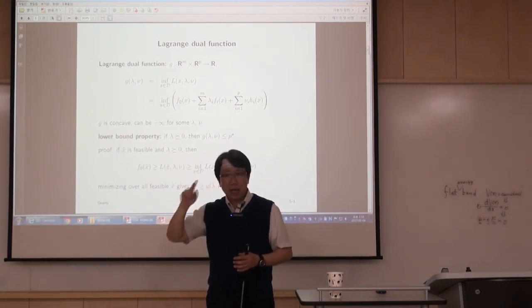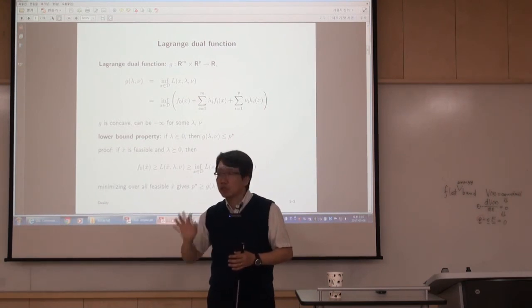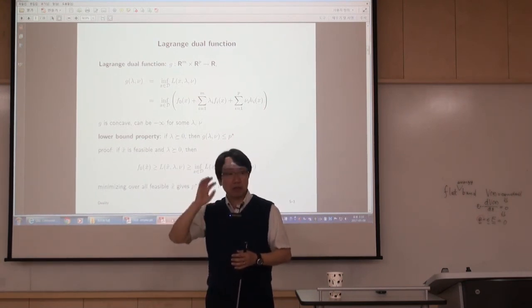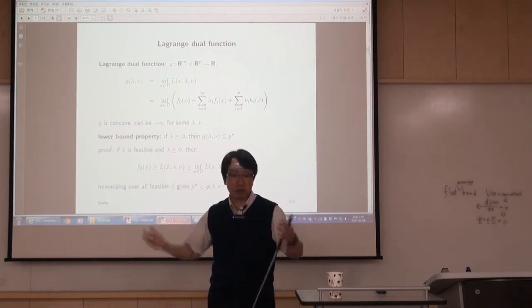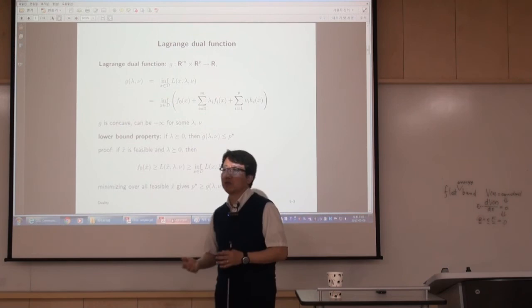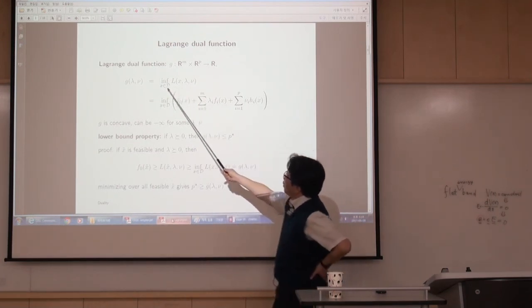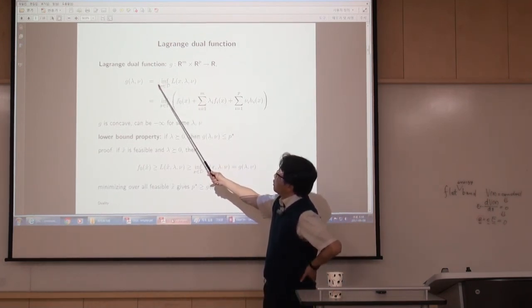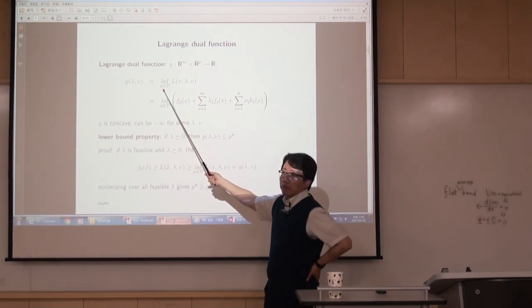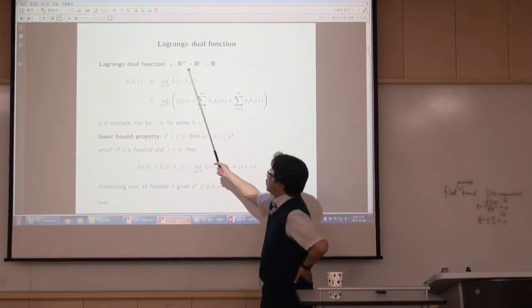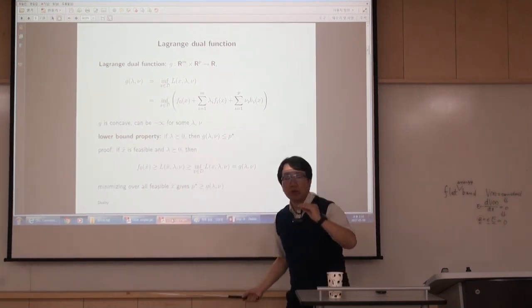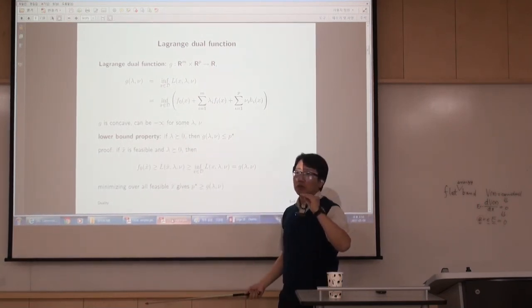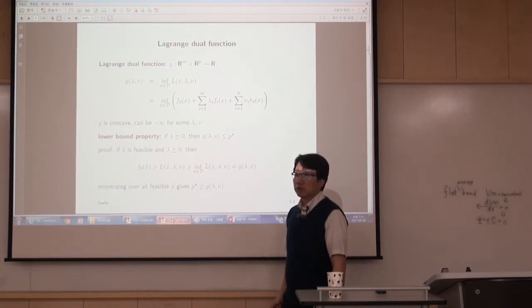So the Lagrange multiplier lambda must be greater than or equal to 0. Otherwise, it's useless in our search for a lower bound. But anyway, if x is restricted to omega, what will happen? As I told you, this function minimized over x is a lower bound to our optimal value, right?